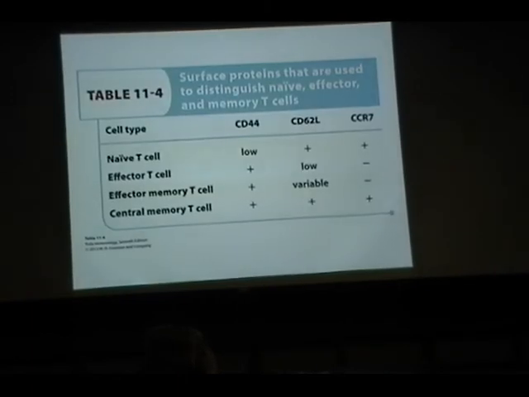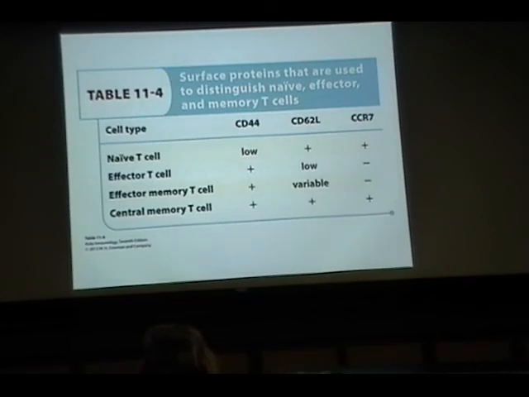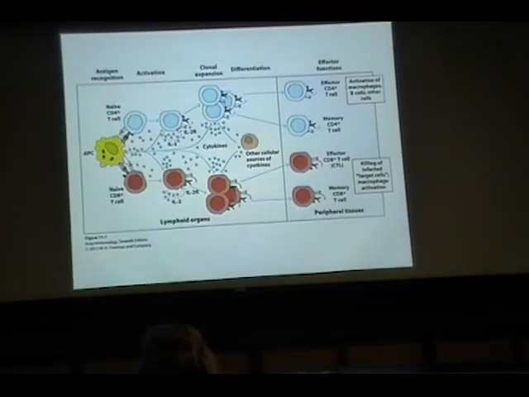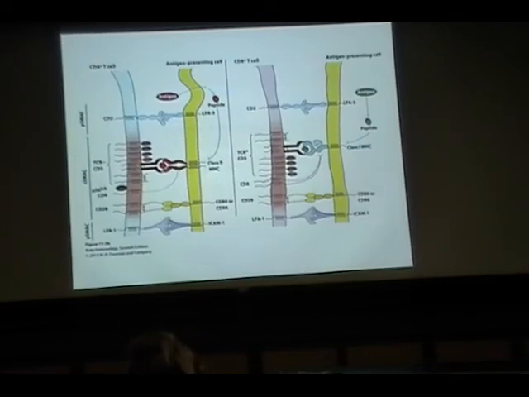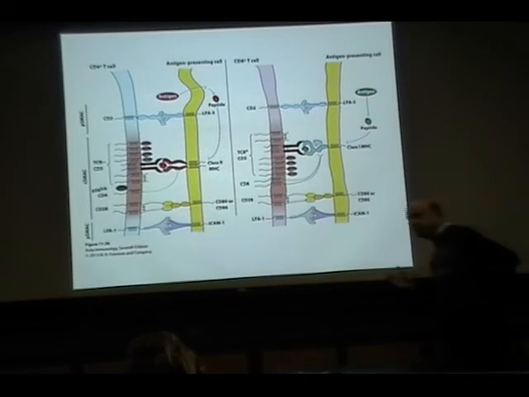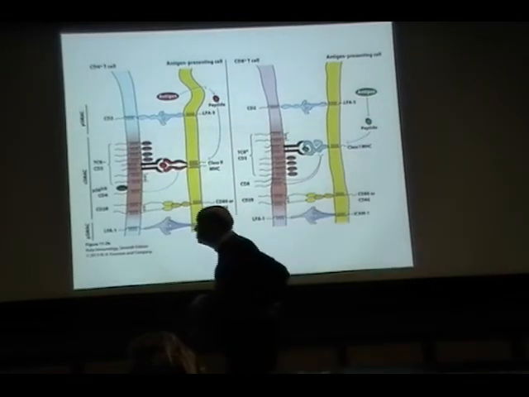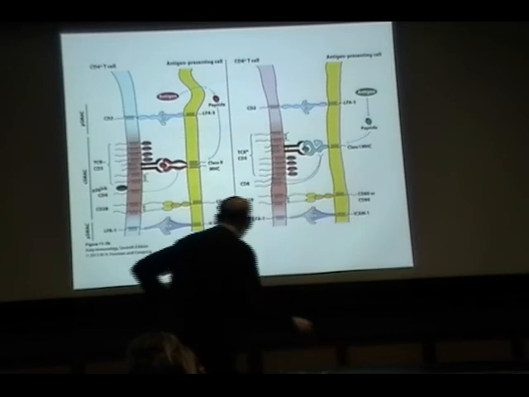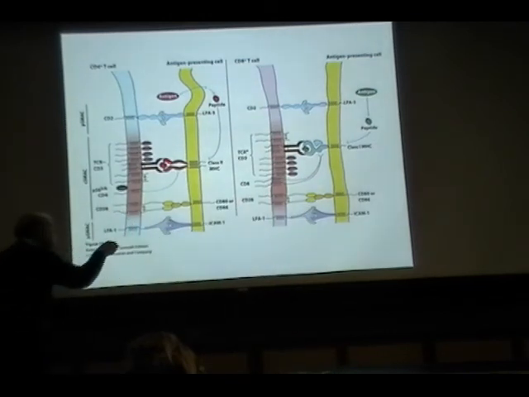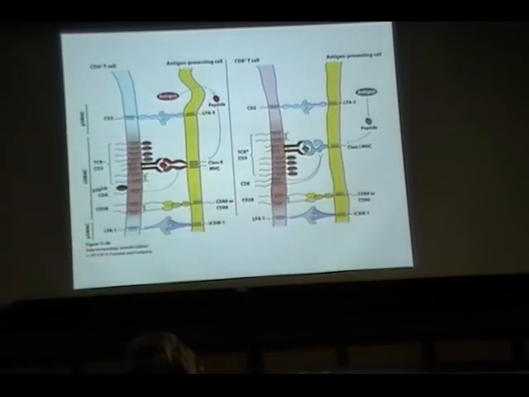Here they are. Again, they have proteins on their surface, don't worry about it. Here's everything I just said. Here's that immune synapse that I talked about in the very beginning. We stole the word from the neuroscientist. MHC, peptide, T-cell receptor, that's specificity.